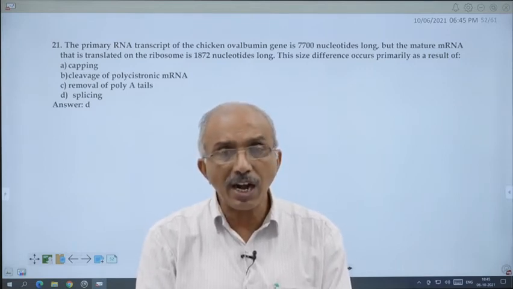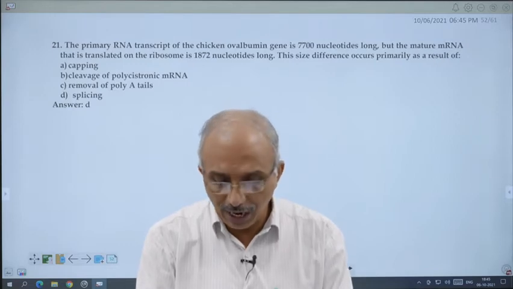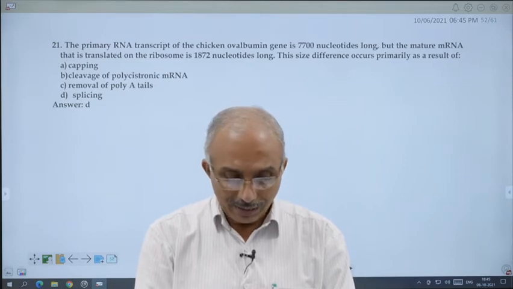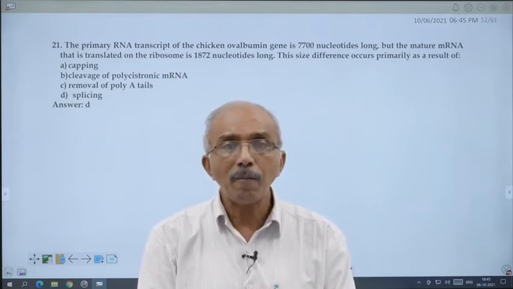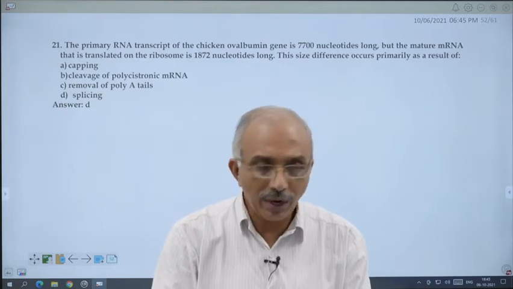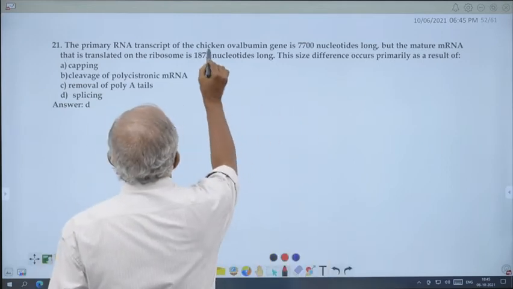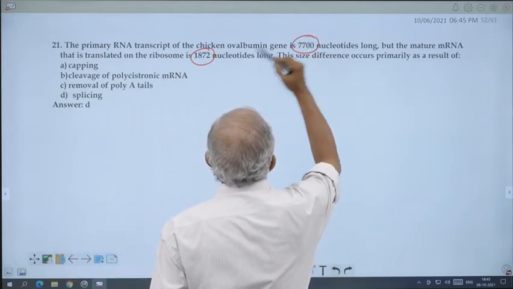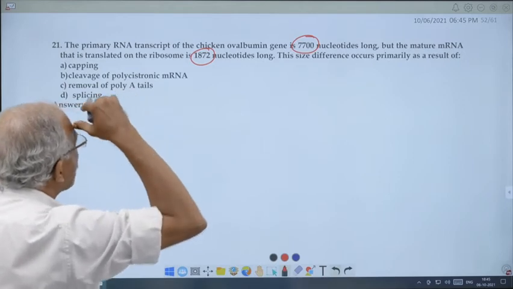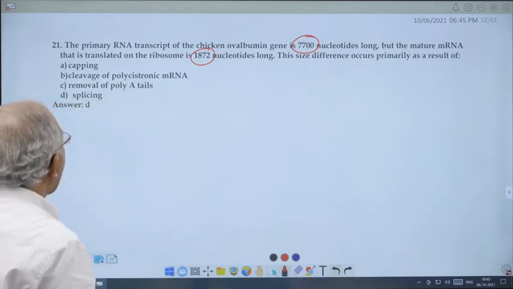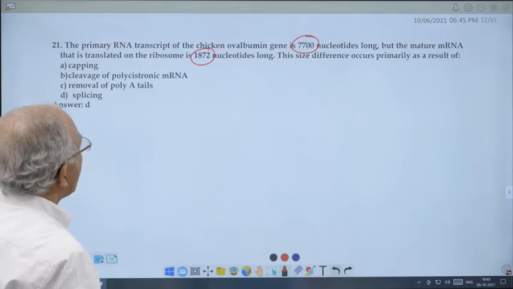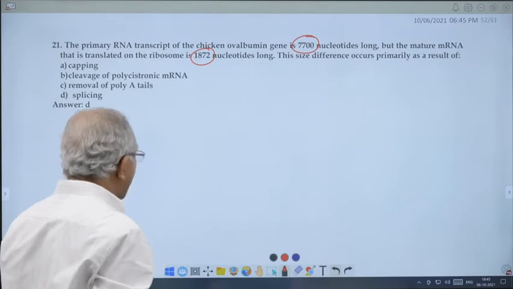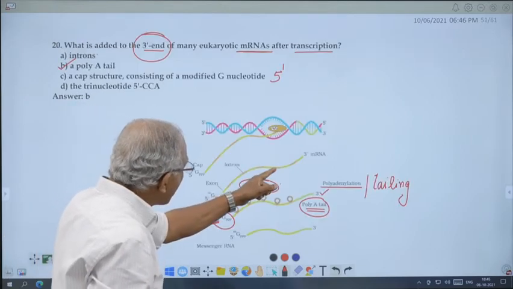There are 7,700 nucleotides, but the mature mRNA consists of only 1,872. The primary one at the time of formation is 7,700, but later the size becomes 1,872. That is, some introns are removed.